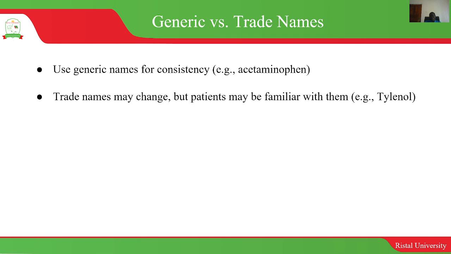I see many people prescribing trade names, but sometimes it becomes difficult for patients to find these particular drugs in other pharmacies. So we are supposed to use the generic name for easy availability.